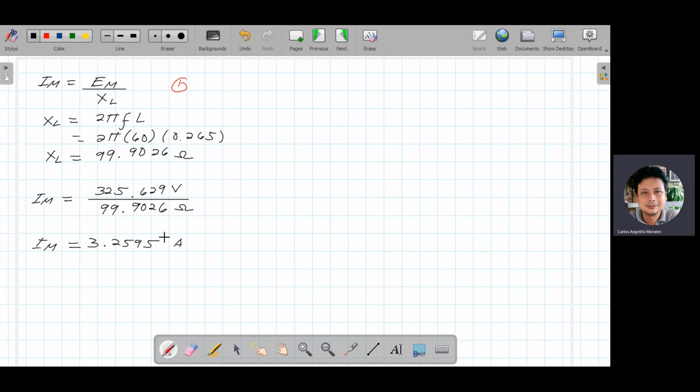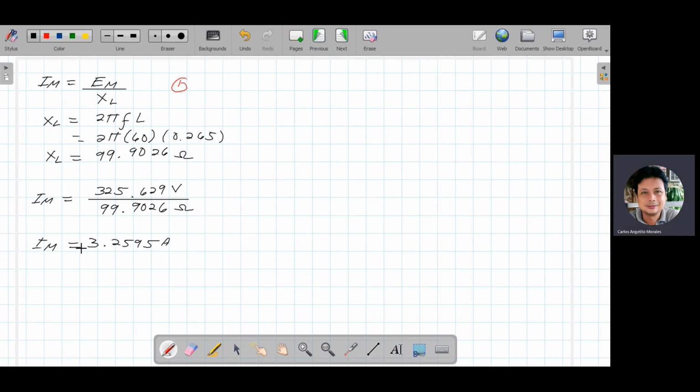Lalagay mo kasi yan sa maximum. Pero huwag na muna lagyan na ito. Ito na pala yung I maximum. So, ang nakuha ay 3.2595, no? Amperes.